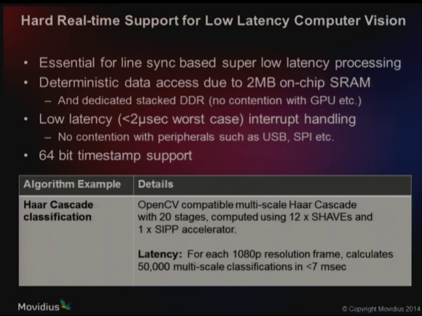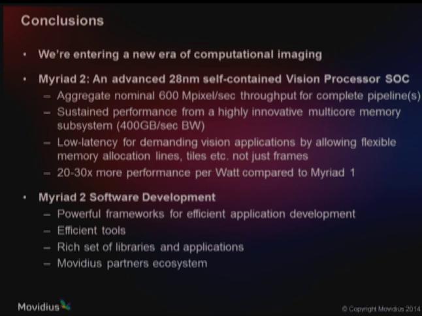In fact, for 1080p video, we can calculate about 50K multi-scale classifications in less than 7 milliseconds. This is the kind of thing you can use to build a very immersive Oculus Rift style gaming experience or other experience on top of this chip, together with an application processor, let's say a GPU, to do the rendering.